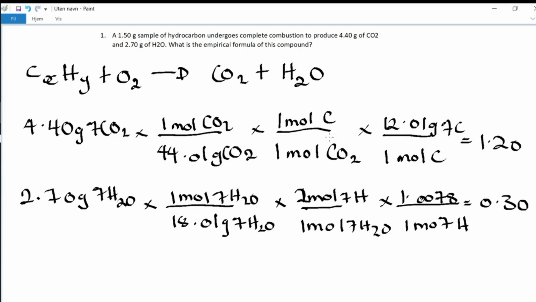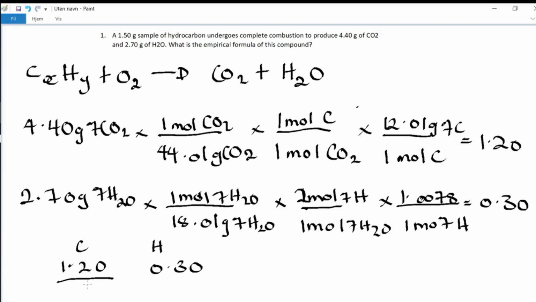For carbon we had 1.20, and for hydrogen we had 0.30. So we have to divide them with their respective atomic mass.